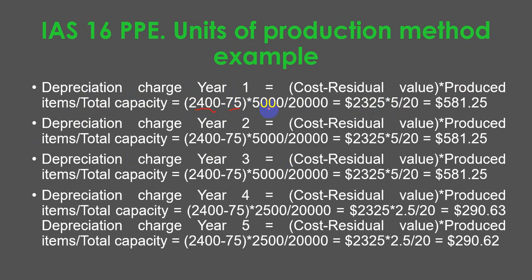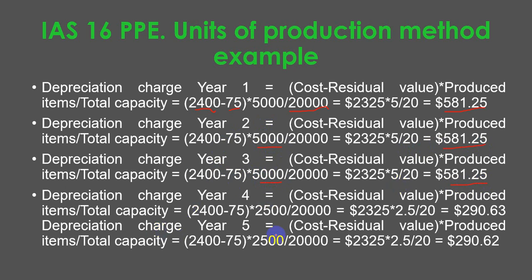We have 5,000 units produced in year number 1, divided by total capacity of 20,000, and it gives us depreciation for year 1 of $581.25. The same situation will be for years 2 and 3, because the production of units is the same, 5,000, and depreciation amount will be the same too.